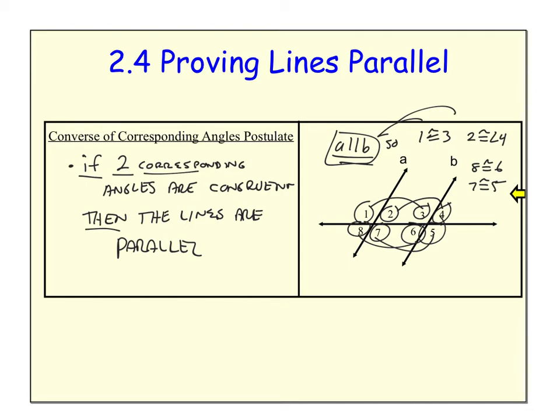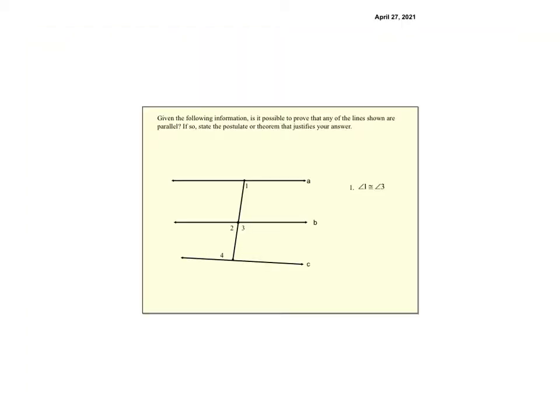So now I'm flipping it around and saying, if it is shown to me that two corresponding angles are congruent, then I can argue that the lines are parallel. And that's just for corresponding angles. Remember, corresponding angles were the ones that were in the same location with respect to their line.